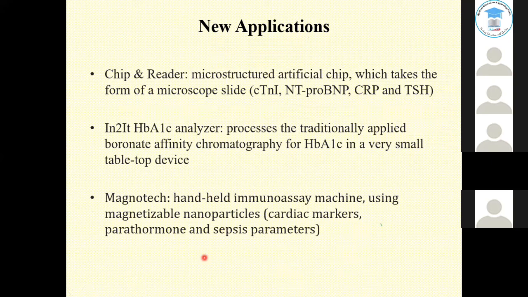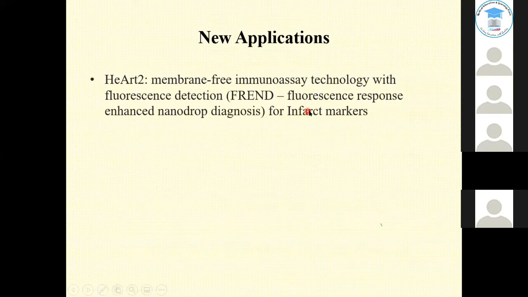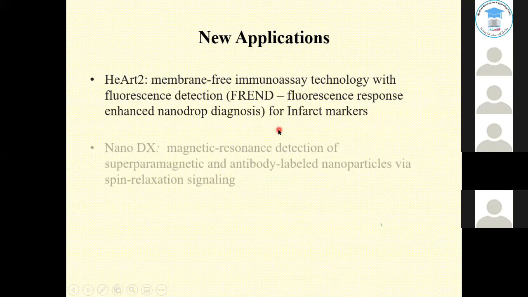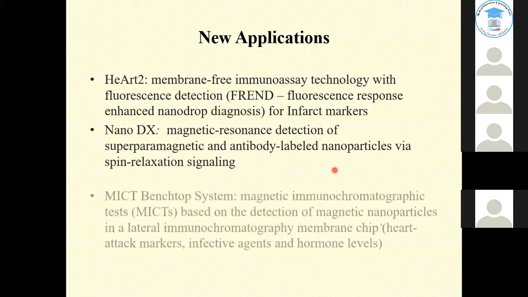But all these are in process and I'm sure would really flood the market in the next few years. A fluorescence response enhanced nanodrop diagnosis named FRIEND for infarct markers. And finally, the magnetic resonance detection of paramagnetic and antibody labeled nanoparticles via a spin relaxation signaling assay.